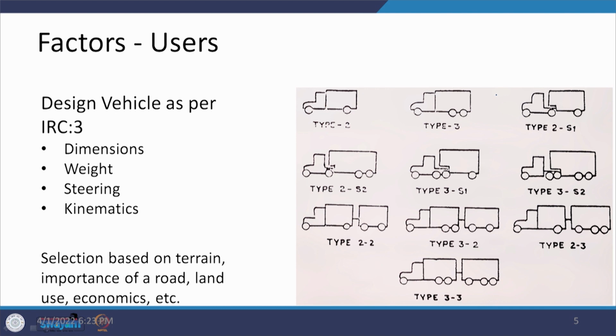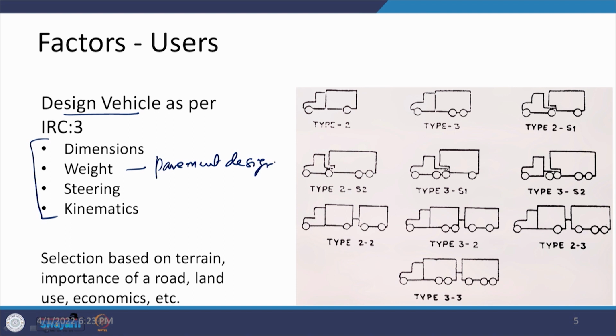Now, when you are looking at these users, as per IRC 3, you need to talk about a design vehicle. And when you are looking at different types of vehicles, they are going to be distinguished by way of their dimensions, as I already said, an example of bicycle versus truck, and by way of the weight, though this weight is important more in terms of the pavement design.